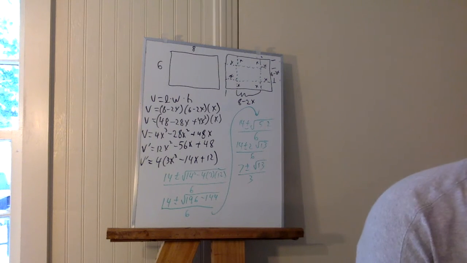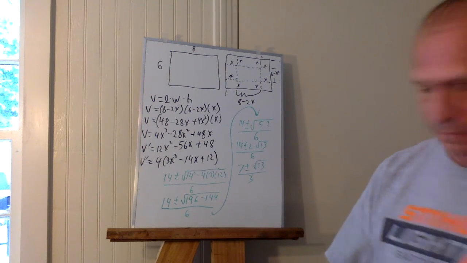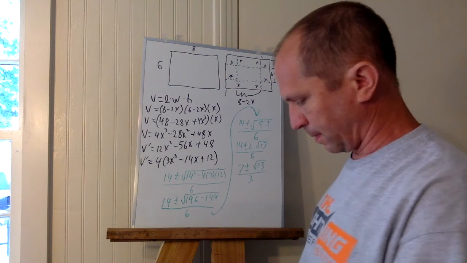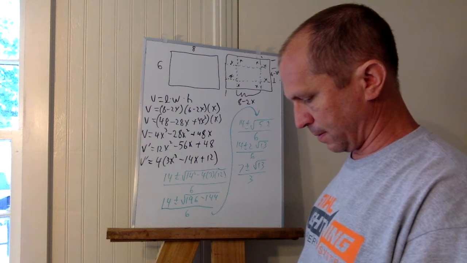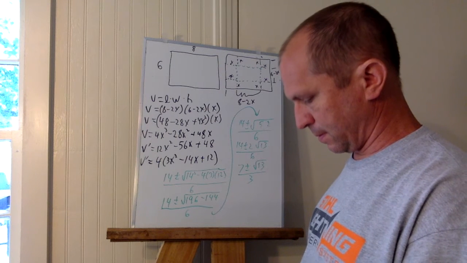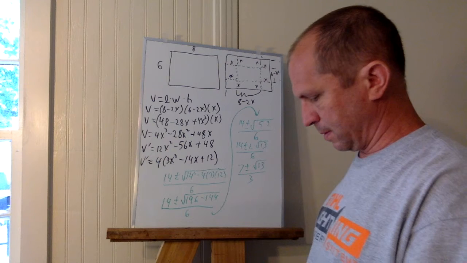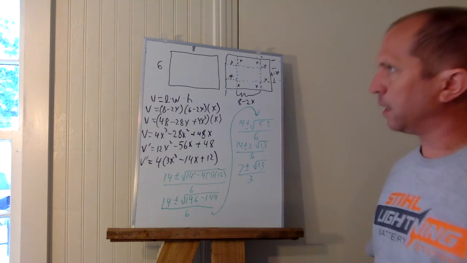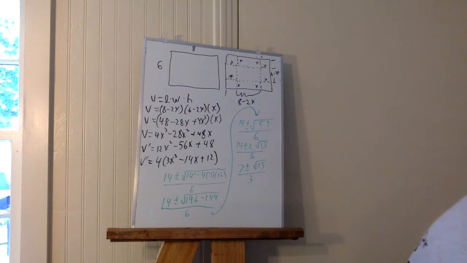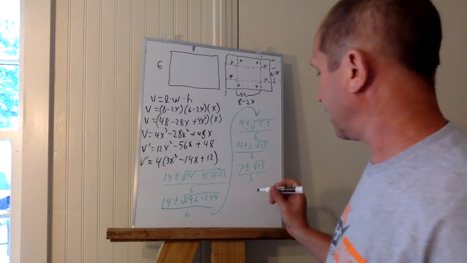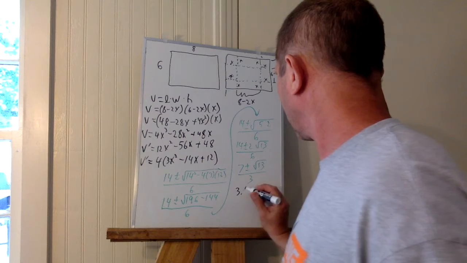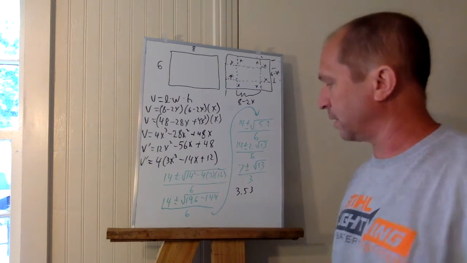But let's look at what happens when we do this calculation. All right, so when I do 7 plus the square root of 13, and then divide by 3, I get 3.53. And I'm just going to carry it out to the hundredths.